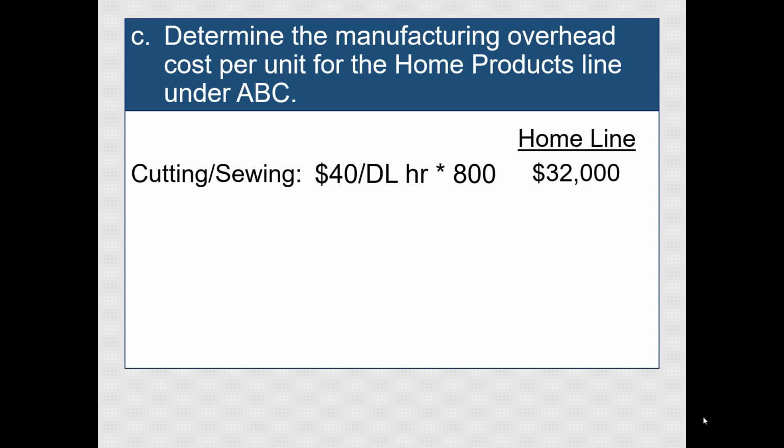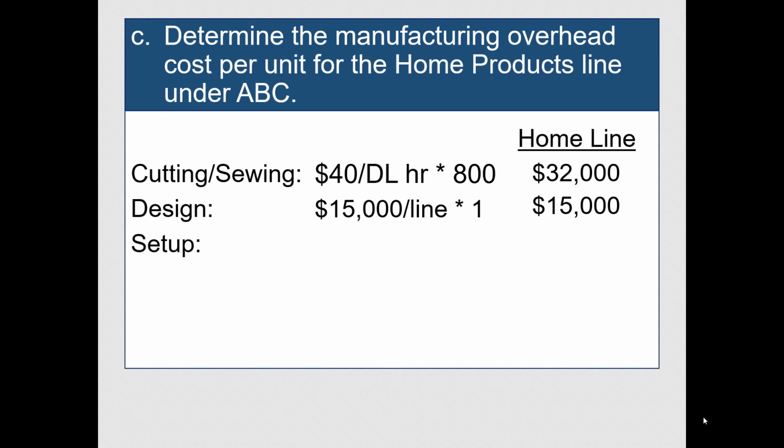That's $32,000. Product design was $15,000 per line, and the home line comprises one of 2 product lines. So we'll allocate $15,000 of the $30,000 to the home line.